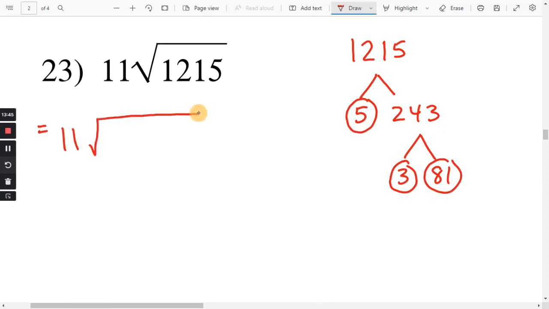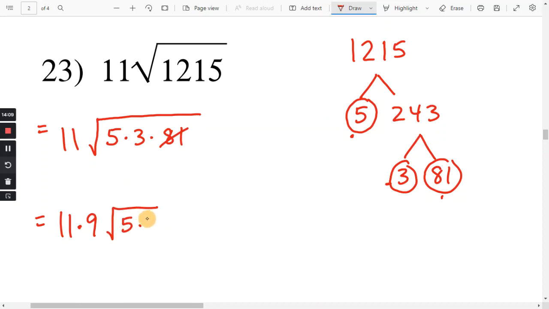Inside the square root, I'm going to write 5 times 3 times 81. Okay, we still have the 11. The square root of 81 is 9. And we still have 5 times 3. Outside, 11 times 9 is 99. And inside the square root, 5 times 3 is 15.